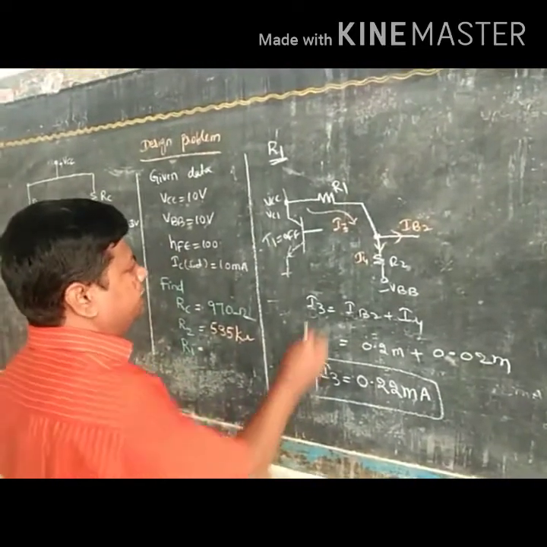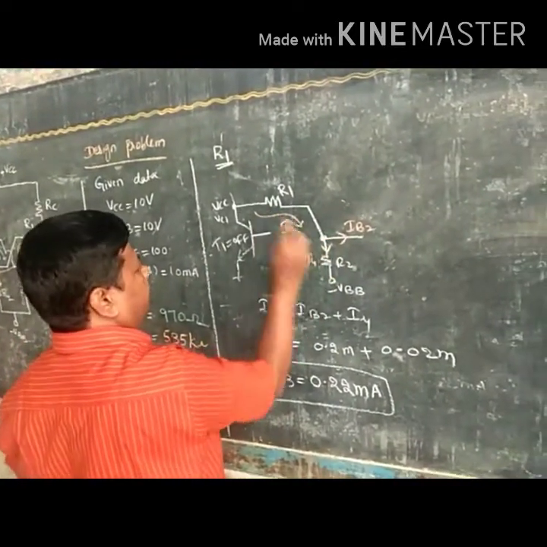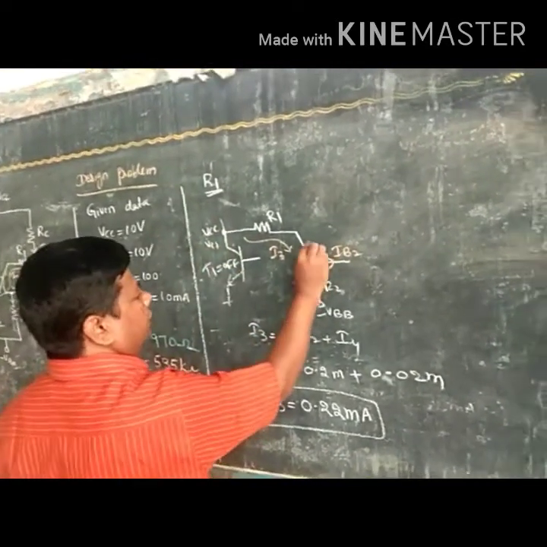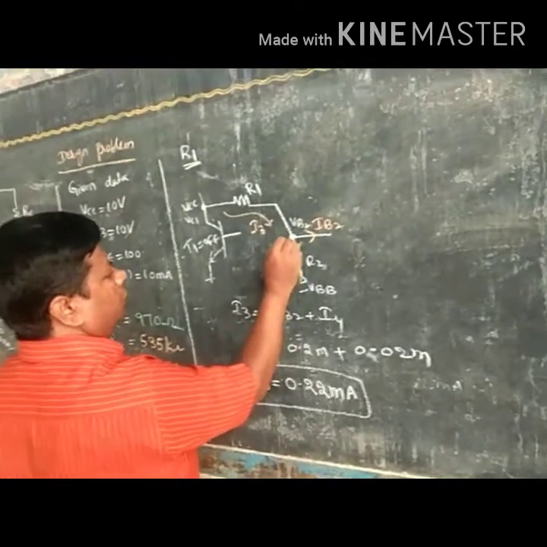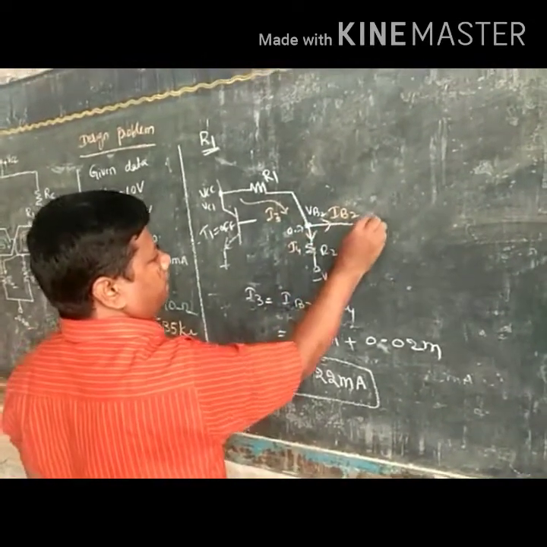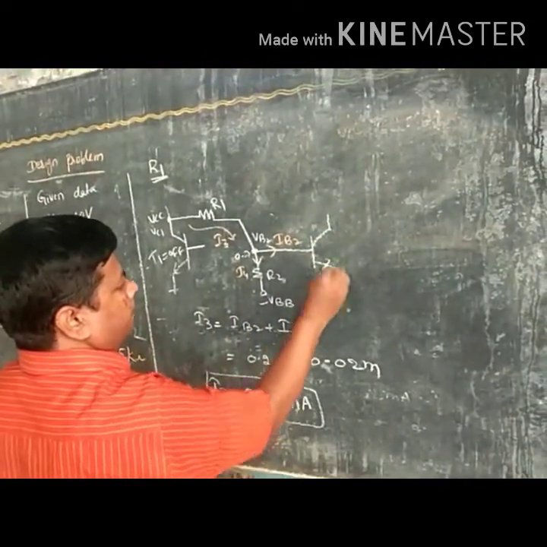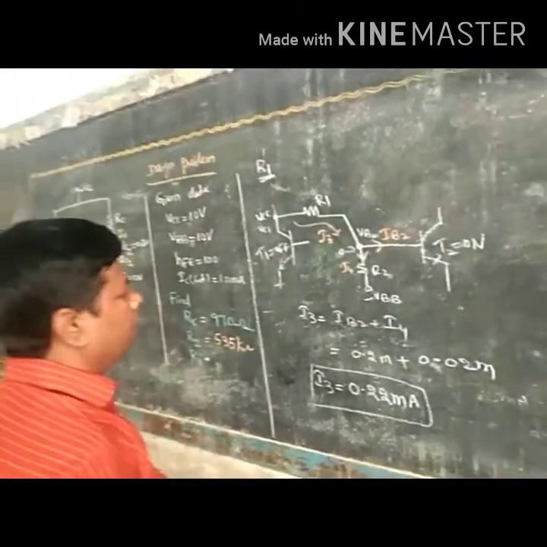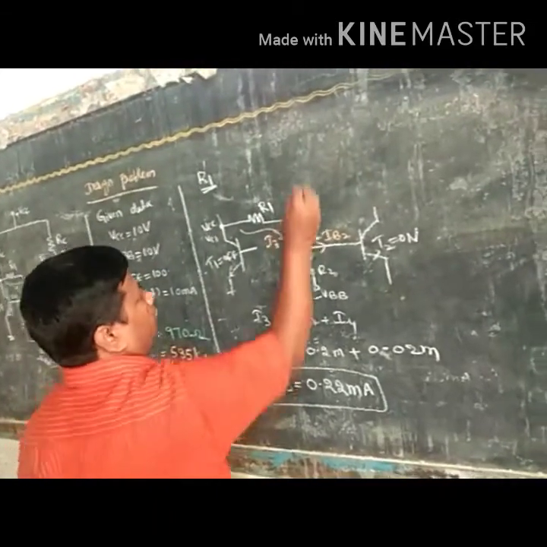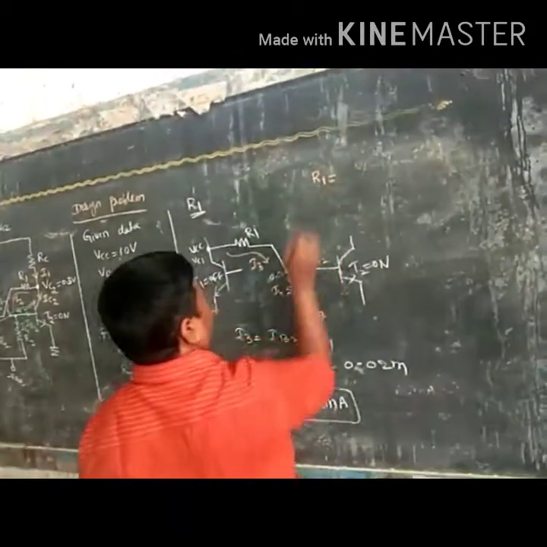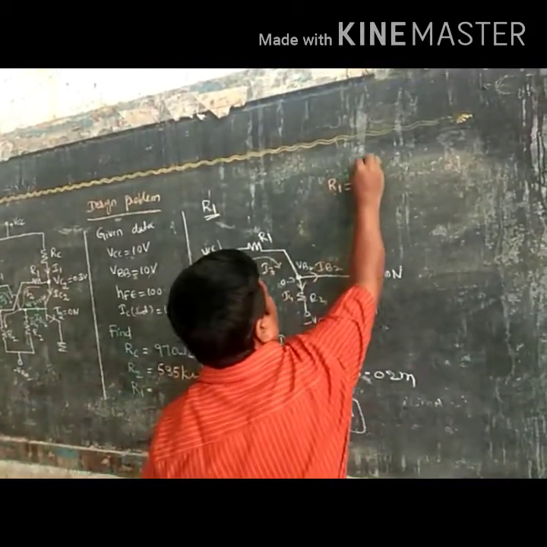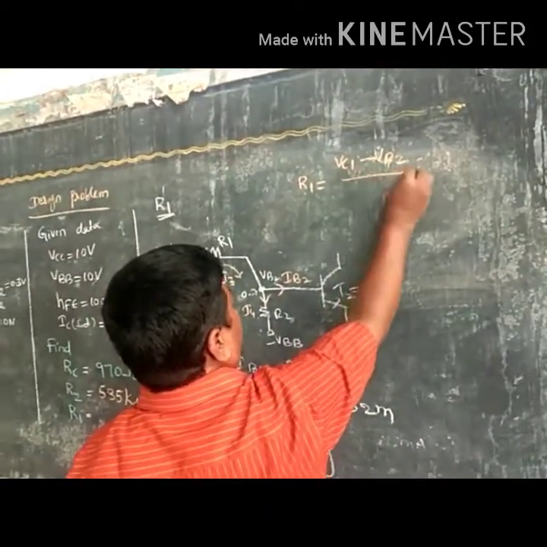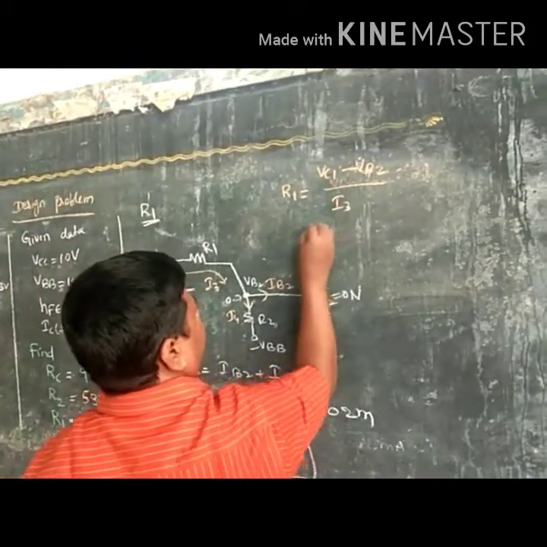Once you know the I3 current, you can easily find R1. Why? Because this one is VC1, VCC, and this is VB2, 0.7. Now R1 is equal to VC1 minus VB2 by I3 current.